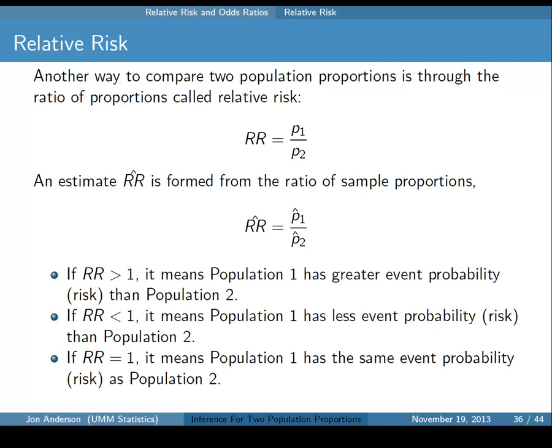If you get a relative risk bigger than 1, it means the fraction in population 1 is bigger than in population 2: the first population is more likely to have an event. Likewise, if the relative risk is less than 1, the first population has less risk than the second one.